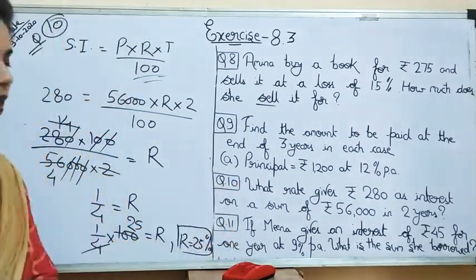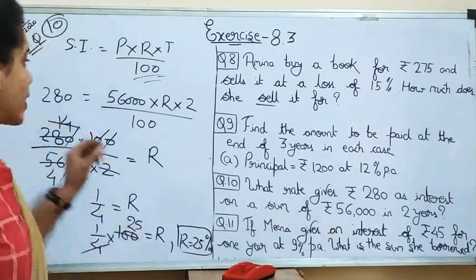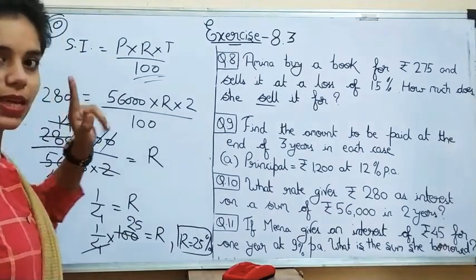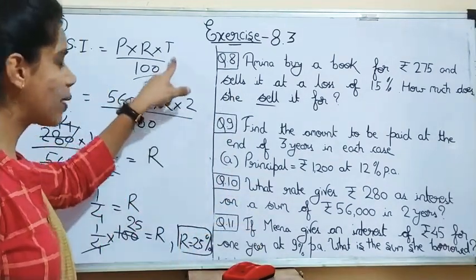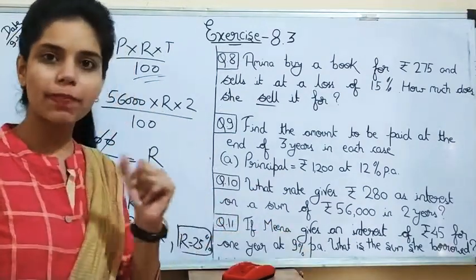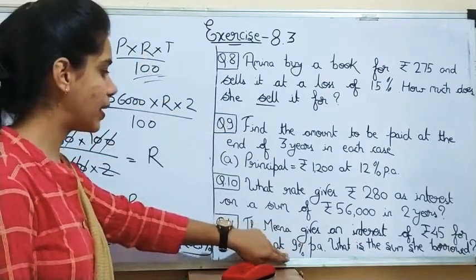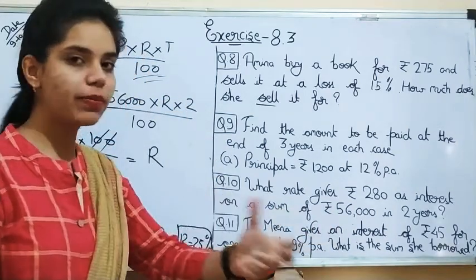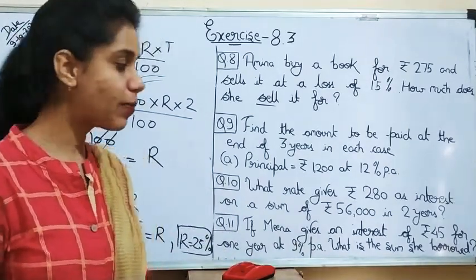Question number 11 is: if Meena pays an interest of rupees 45 for 1 year, which means in place of time you put 1, at a rate of interest of 9% per annum, which means in place of rate you put 9, what is the sum she borrowed? That means we have to find the principal amount, the borrowed amount.